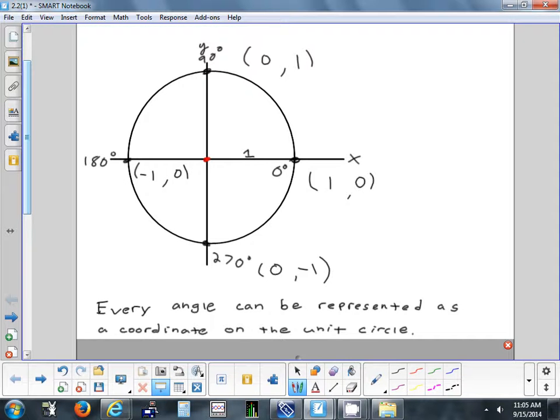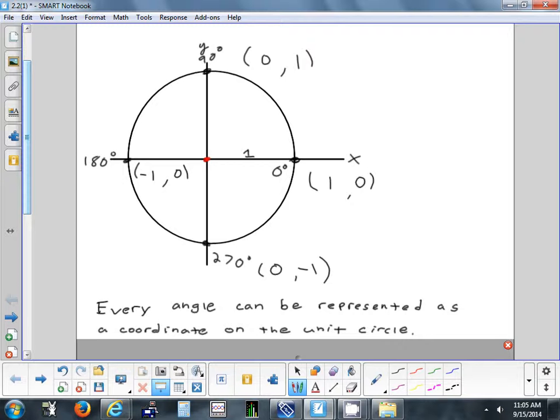Those aren't bad because all you have to do is measure in a straight line. When we start talking about other angles, we'll have to do a little more work to figure out the coordinate. In general, unit circle trig, we can't use it to represent every single angle. That would be very difficult. Like if you ask me what's the coordinate for 13 degrees, I couldn't do that as an exact answer. There are certain ones we can do.